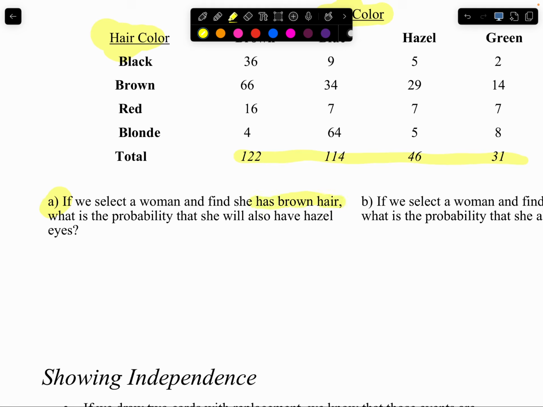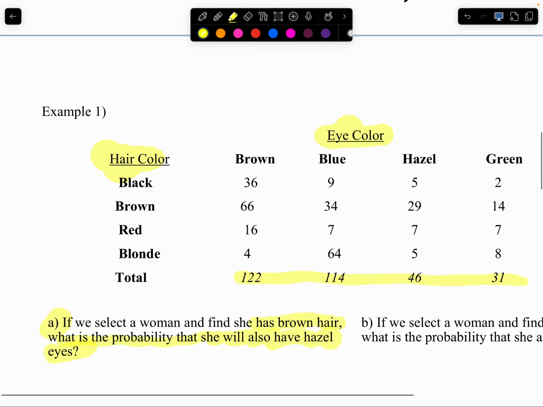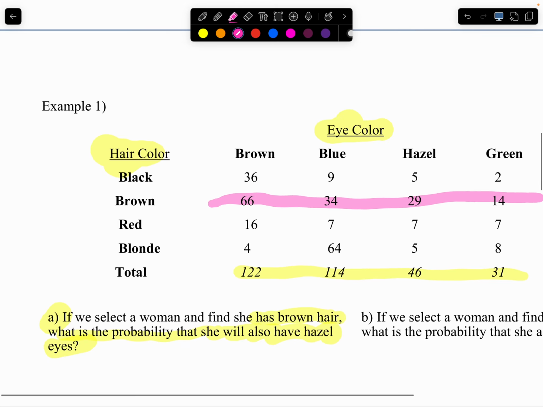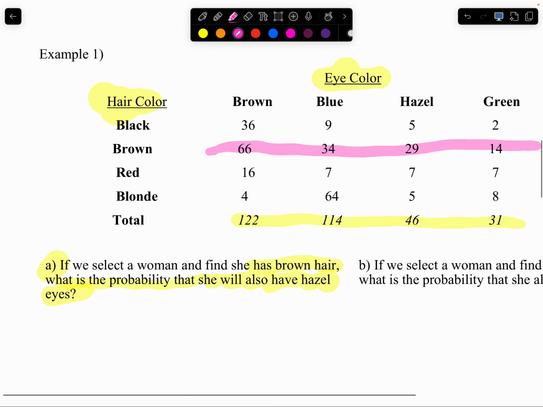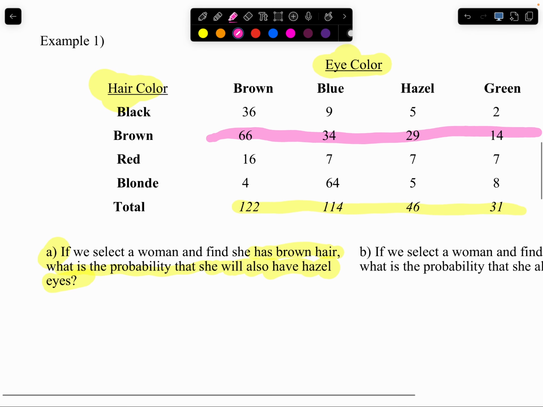If we pick somebody with brown hair, then what is the probability that she will also have hazel-colored eyes? Okay, so let's look at the brown hair. I'll do a different color. The brown-haired people are right here. If we pick somebody from the brown-haired population, what is the probability that she will also have hazel eyes?